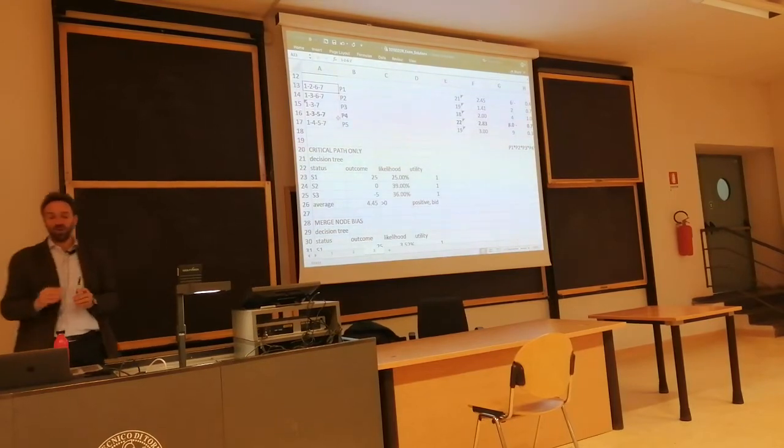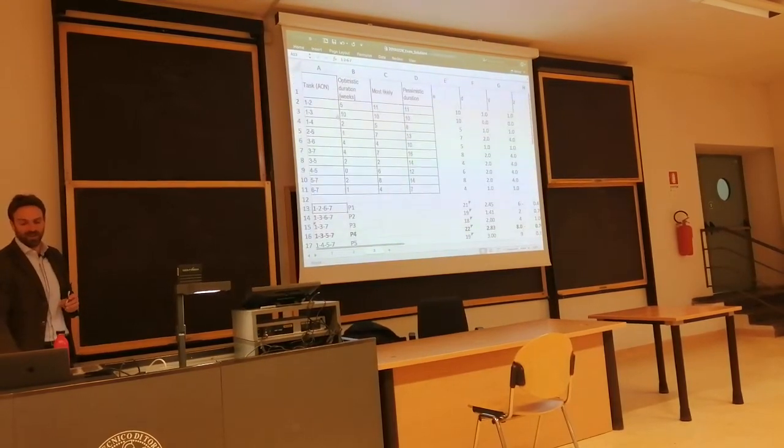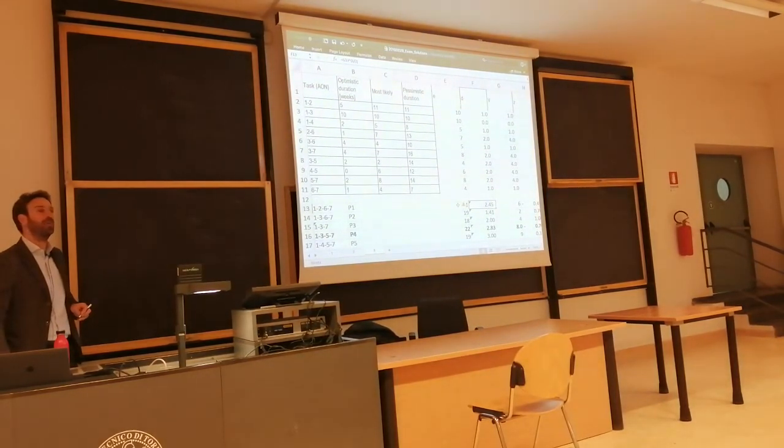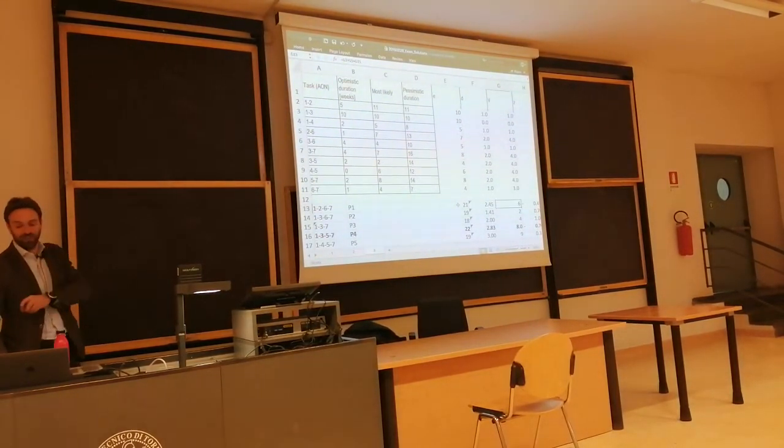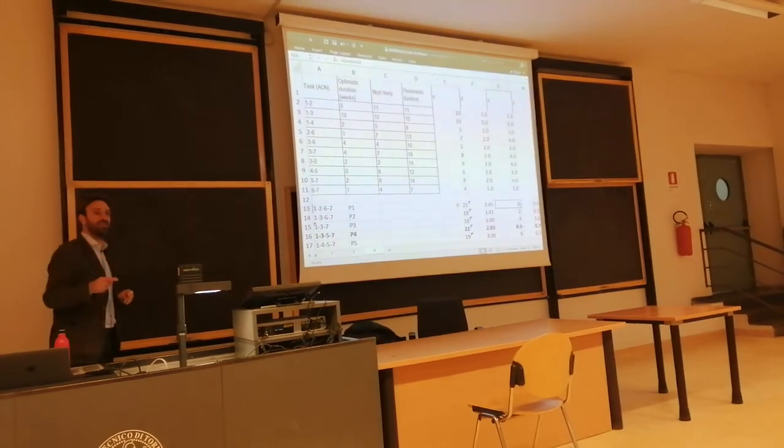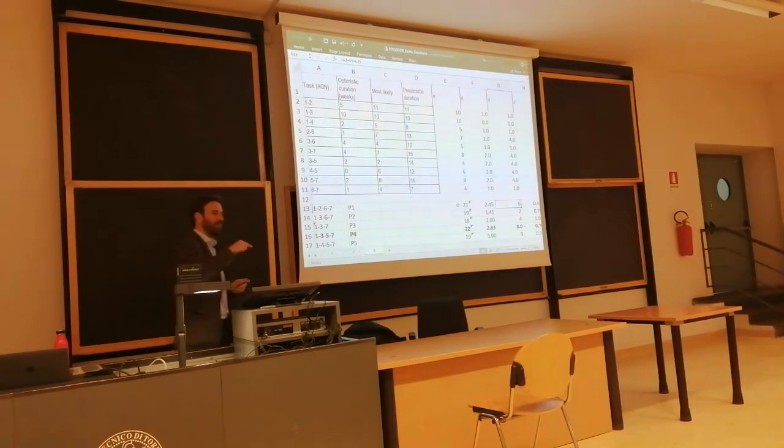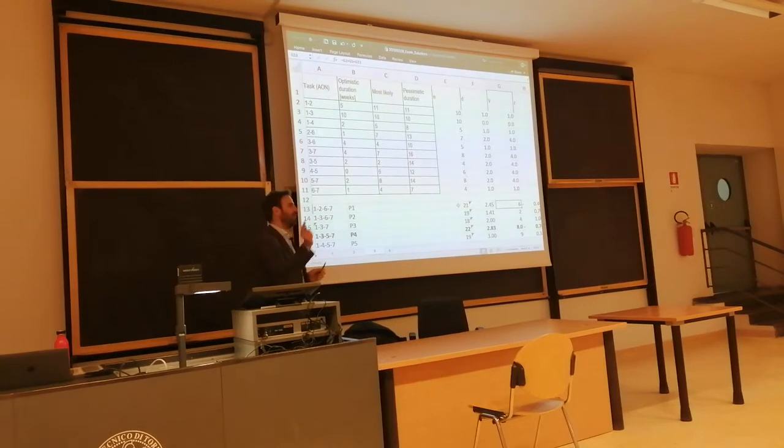For every one of those paths, I calculated the expected total duration of the path. And you know how to calculate the standard deviation for the path? You first need to sum up all variances and then take the square root of the summation of variances. Please don't make the mistake of summing up the standard deviations.